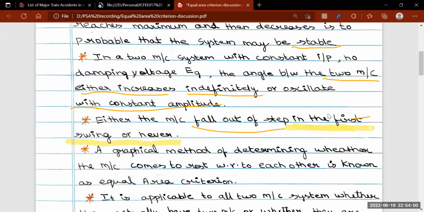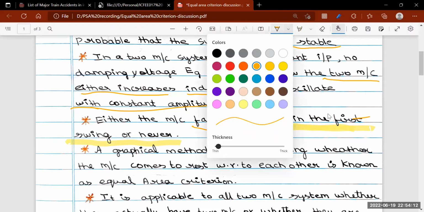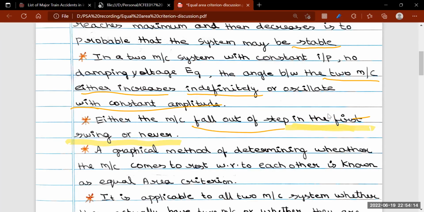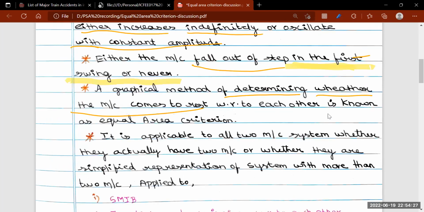Now, what is this equal area criterion? Instead of plotting the swing curve for a single machine connected to an infinite bus or a two machine system, the equal area criterion is a graphical method of determining whether the machines come to rest with respect to each other, whether there is a possibility of regaining stability or not.